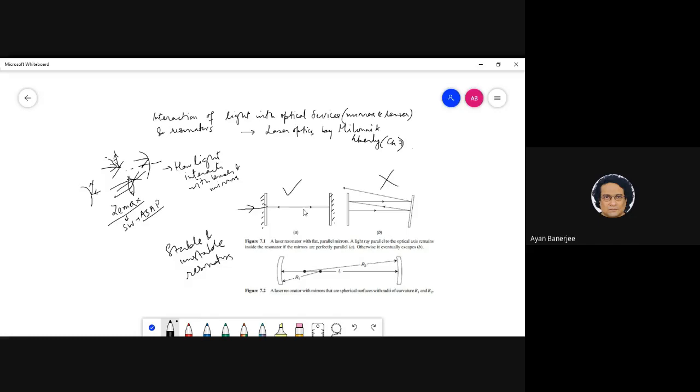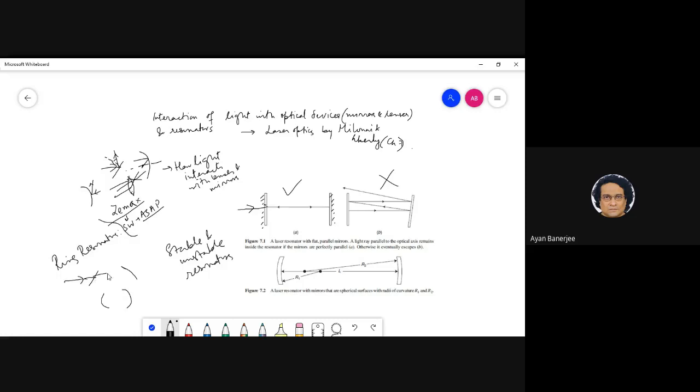For example, there are many different laser resonators. This is a very simple resonator, but there are also resonators called ring resonators, and I will give you an assignment on this. So you have an input beam coming in, and as many as four different mirrors.